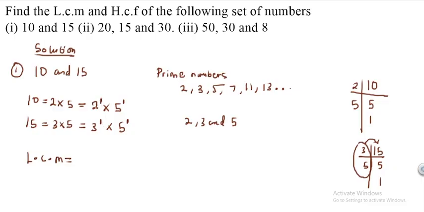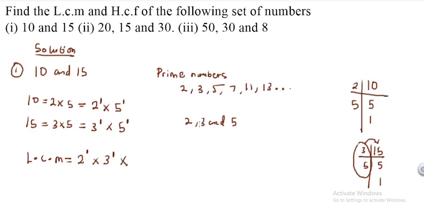The highest power of 2 that I can see here is 2 to the power of 1. If I go here, I cannot see any power of 2. So I'll write the highest power of 2 that I can see, which is 2 to the power of 1, times. I'll go to the next number, which is 3. Then I'll find the highest power of 3 that I can see on these two sides. So the highest power of 3 that I can see is 3 to the power of 1.